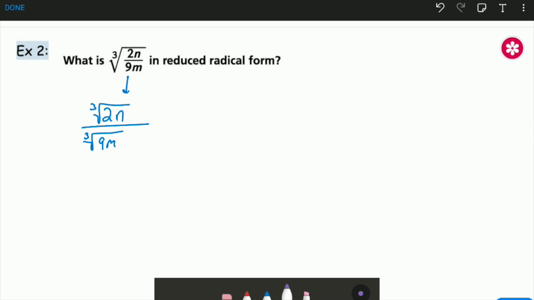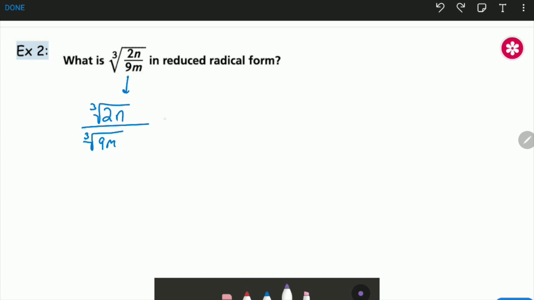So now the goal here is to complete the radical. Currently, this is just 9m to the first power. We need a perfect cube to be in the bottom. So for a perfect cube, we would need this expression to occur 3 times, multiplied by itself 3 times.